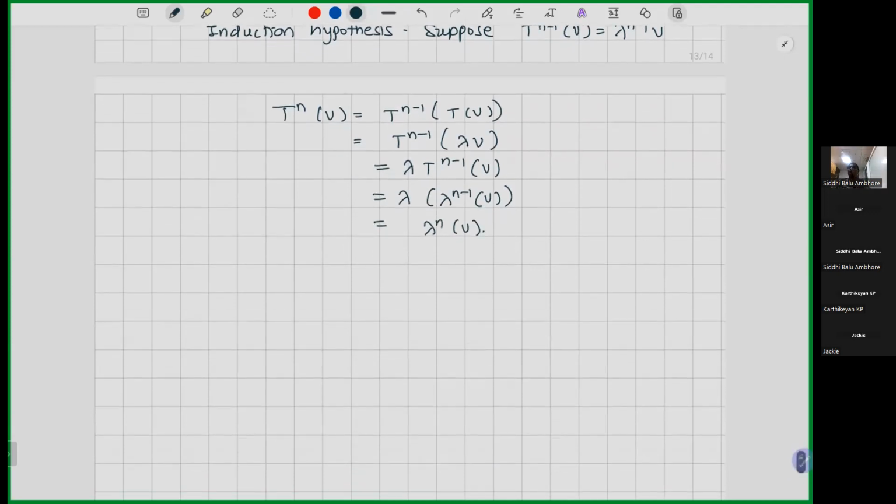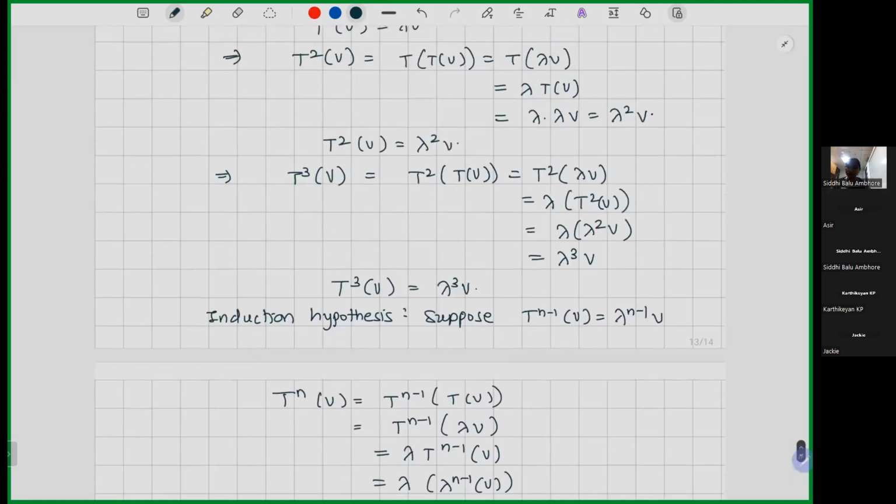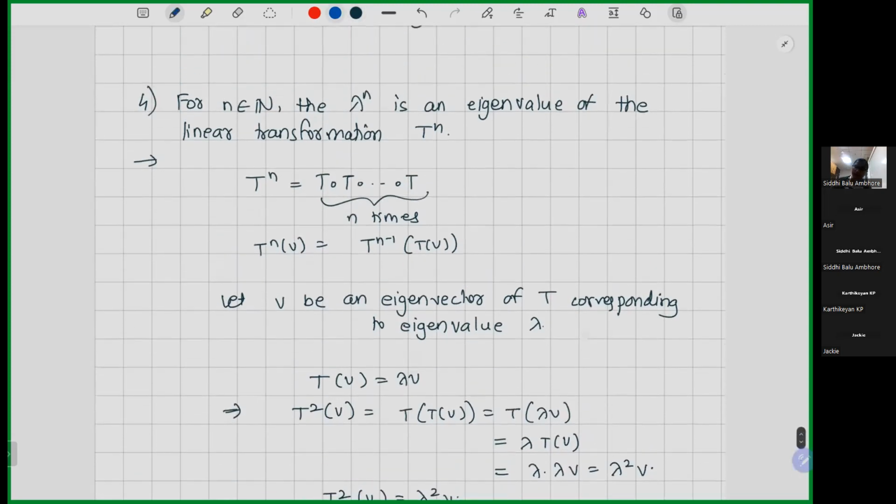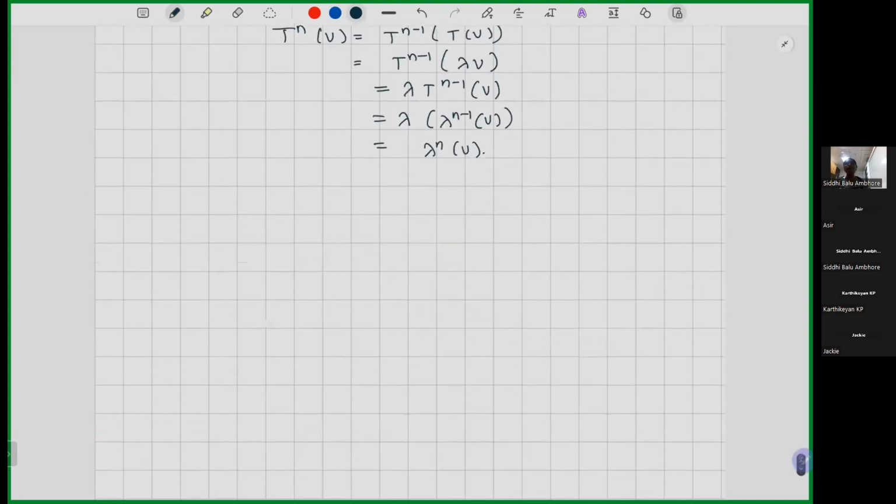Is it okay? So this is true that λ^n is an eigenvalue of T^n. Any doubts here?